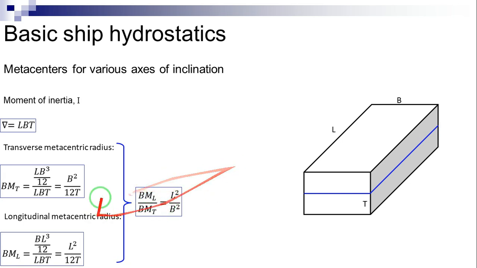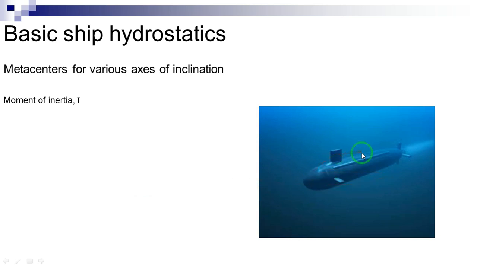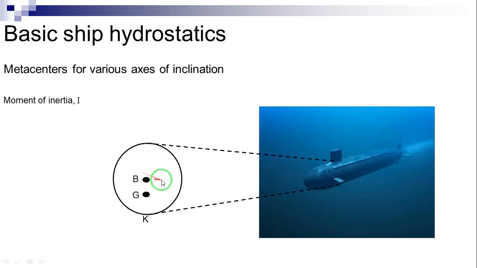Note that for a totally submerged submarine, there is no metacentric radius. Thus, the longitudinal and transverse stability are equal. In this case, the center of buoyancy is the metacenter. Note that in case of submarines, to guarantee stability, the center of gravity must be lower than the center of buoyancy.